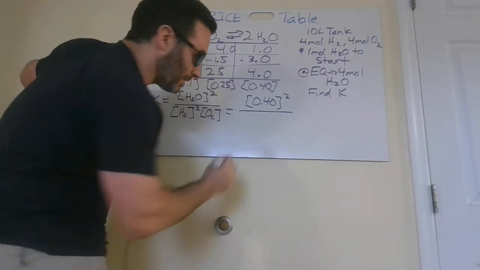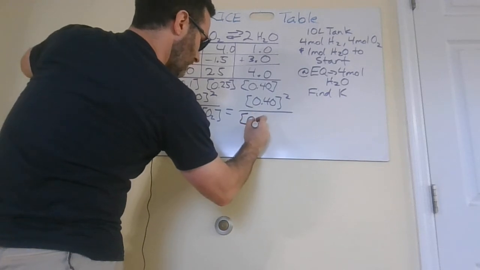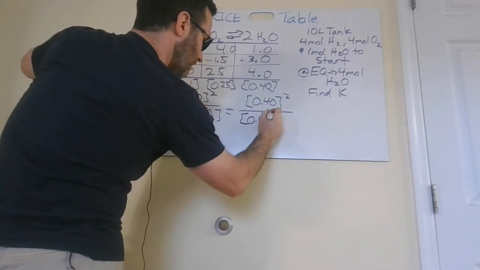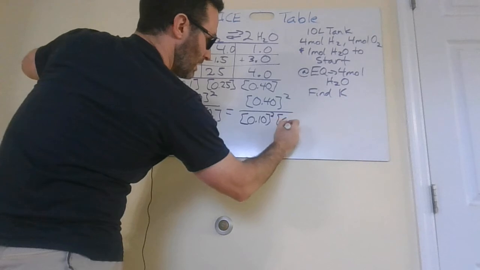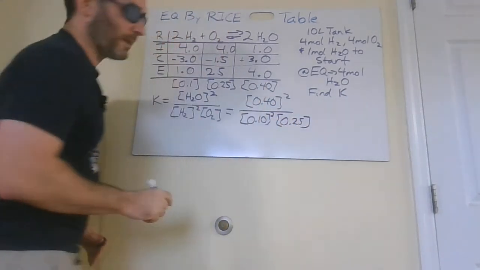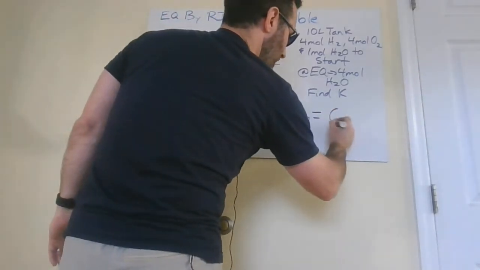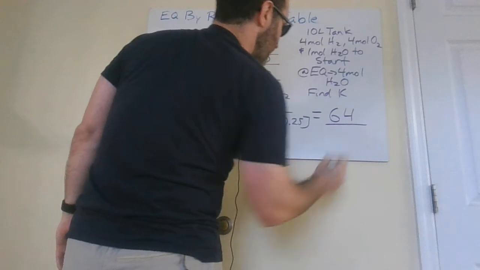Now we just got decimal points. K is going to be big. I didn't plan it this way, but it's another 64.